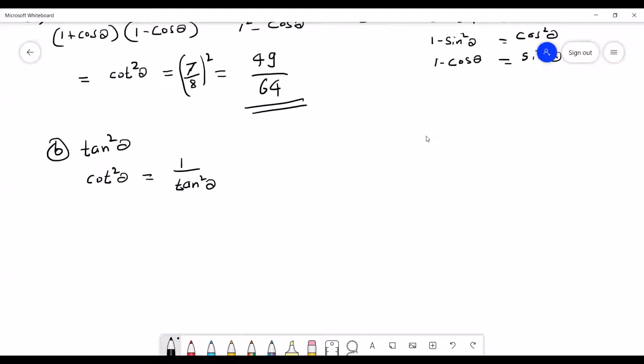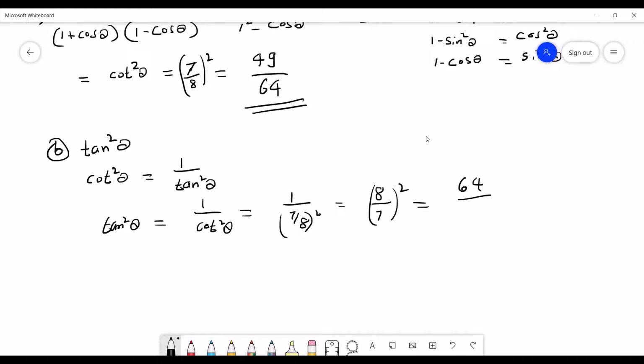So tan square theta will be 1 upon cot square theta, that is 1 upon (7 by 8) whole square. So it will come as (8 by 7) whole square, that is 64 upon 49.